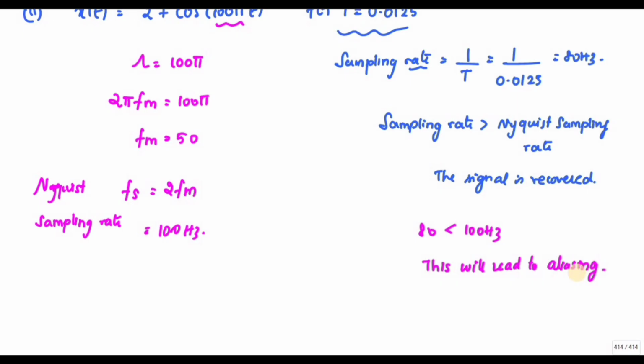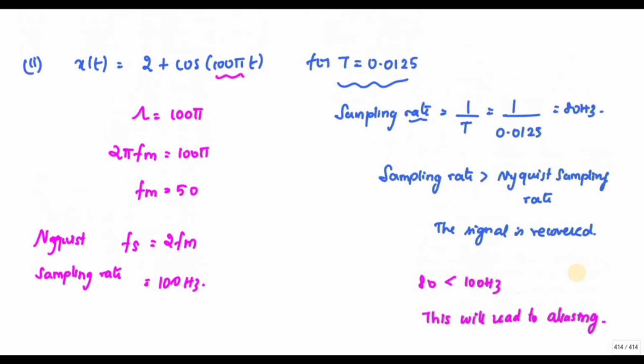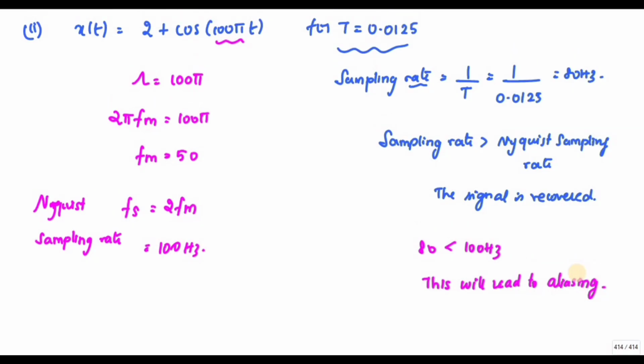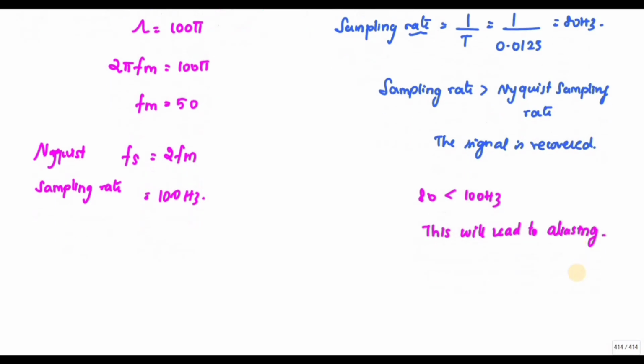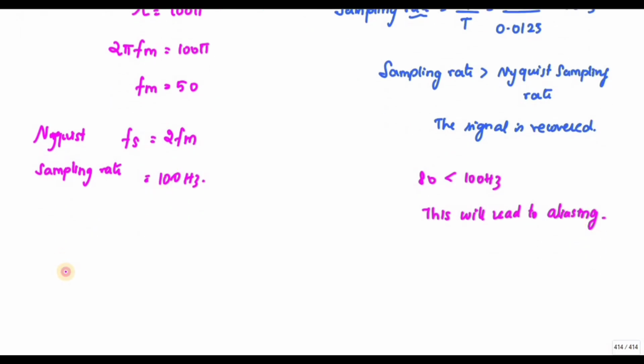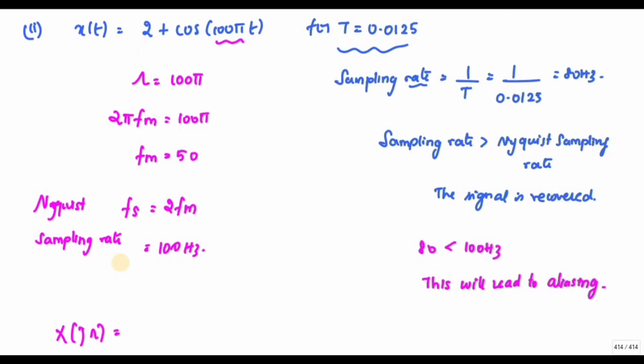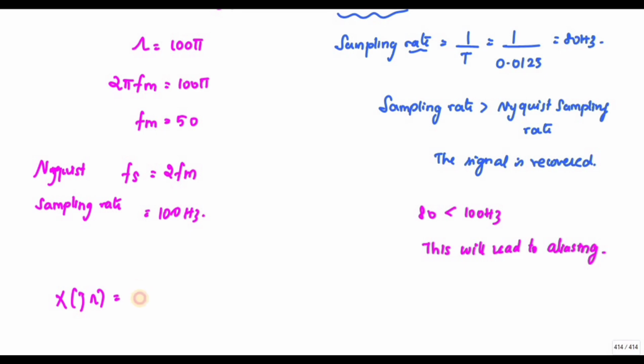So let us see what alias is. In order to visualize this, I need to convert this x of t into its Fourier transform. So X of j omega is equal to, for the constant 2, I can write 2 pi.